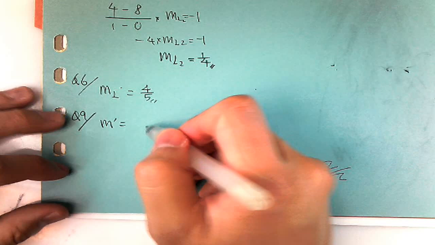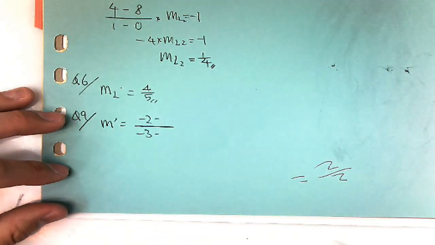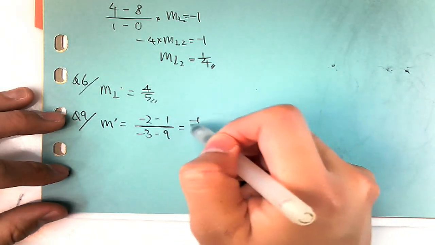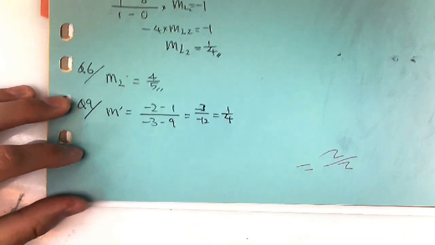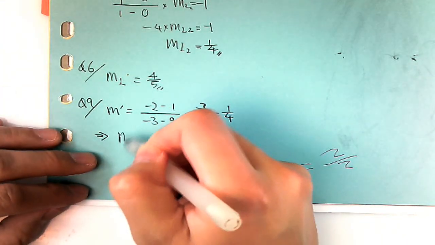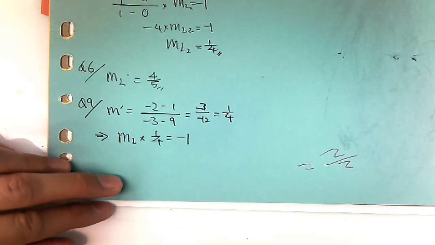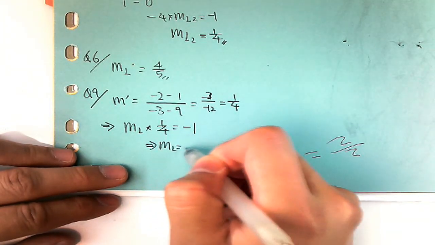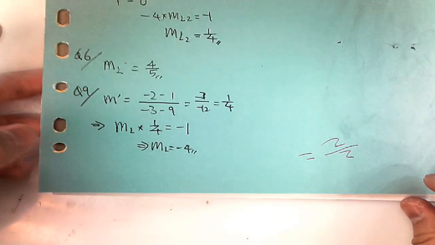Calculate the slope first: -2, -3, minus here, and then 1 and 9. So -3 above, -12 below, just 1 over 4. Then you write ML times 1 over 4 equal to -1. Then times 4 both sides, you have ML equal to -4. Finish. So quite easy.